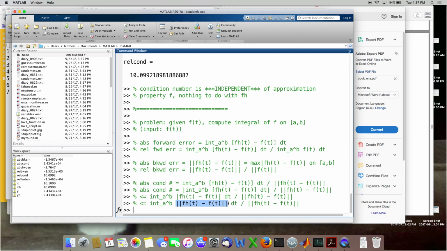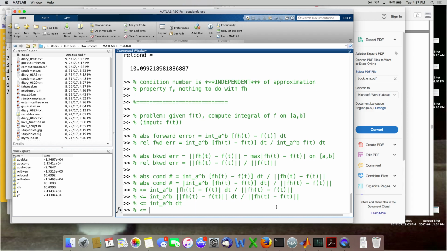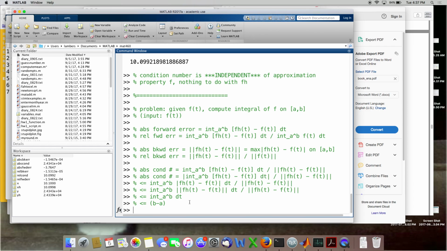Since it's the maximum difference, it's no longer a function of t. It's a constant. So here we have the integral of a constant function, and this constant cancels with this constant down below. So it's less than or equal to the integral from a to b of 1 dt. That's just b minus a. So b minus a is the absolute condition number for this problem.